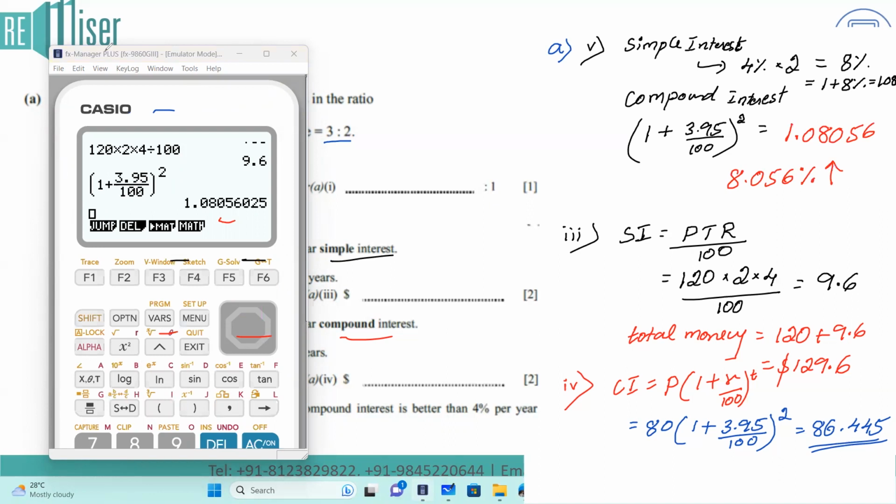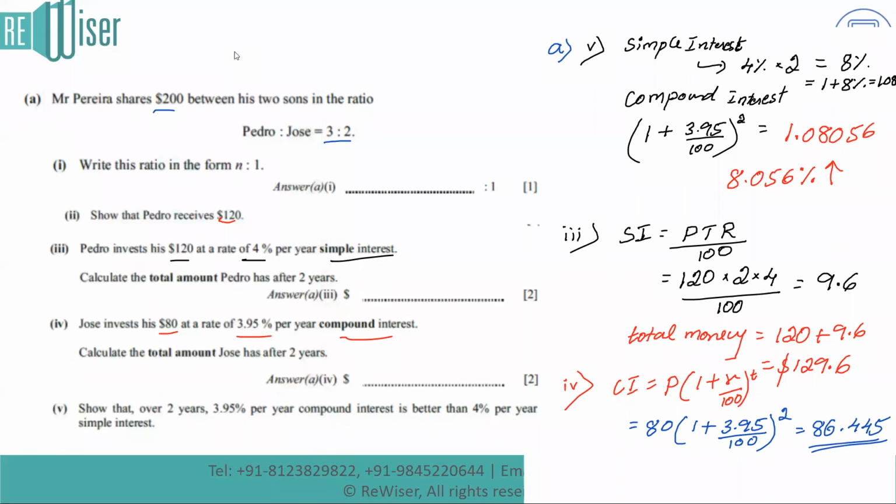So no matter what the principal is, the interest rate will increase by 8.056%. And here I will get the interest of only 8% over 2 years. So over 2 years, the compound interest would be better than the simple interest. And this is the right answer for part 5.